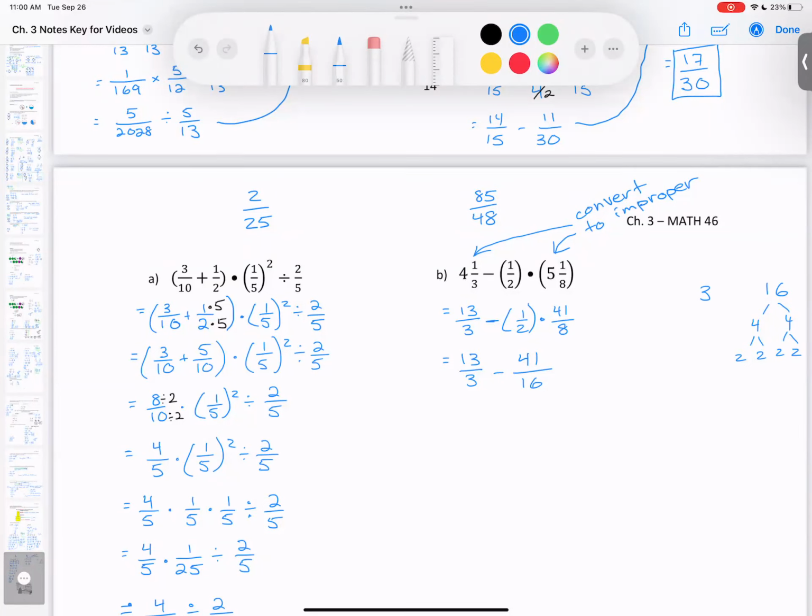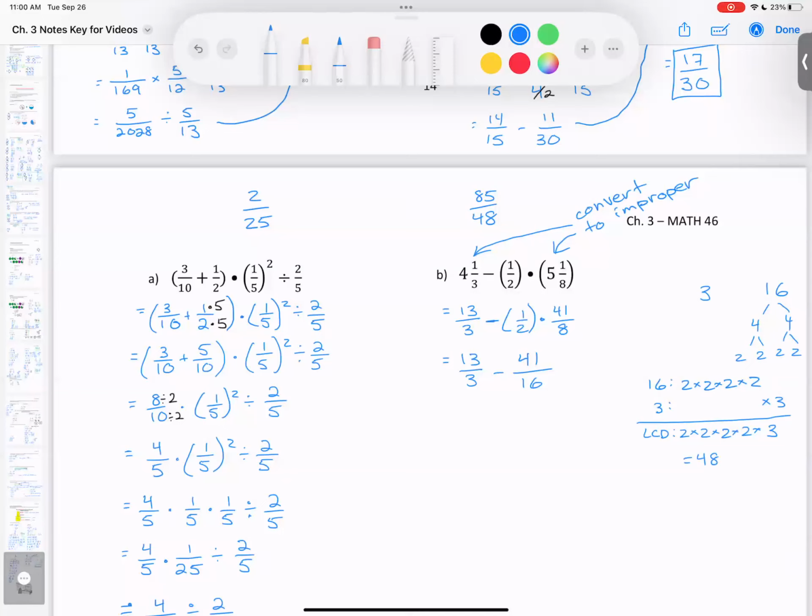So actually they're not going to share any common factors, which means if you do the chart, you're going to see that it's just going to be the product of the two numbers. If they don't share any common factors, you're just going to have to multiply them both together to get your LCD. So here the LCD is going to be 2 times 2 times 2 times 2 times 3, which is 16 times 3, or 48.